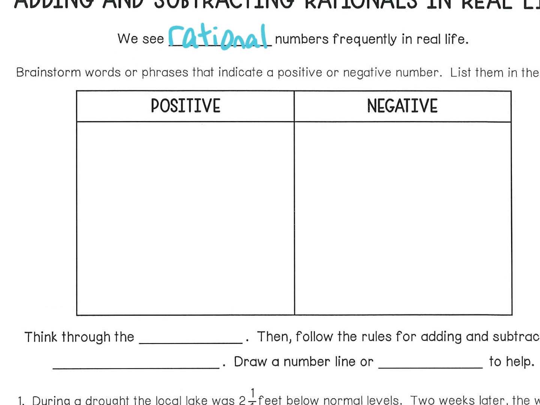So feel free to pause and try this. I'll give you one of each. A positive would be a credit. And you can even ask your parents on some of these. A negative would be an IOU, so I owe somebody money. So feel free to pause this and try to fill these in.